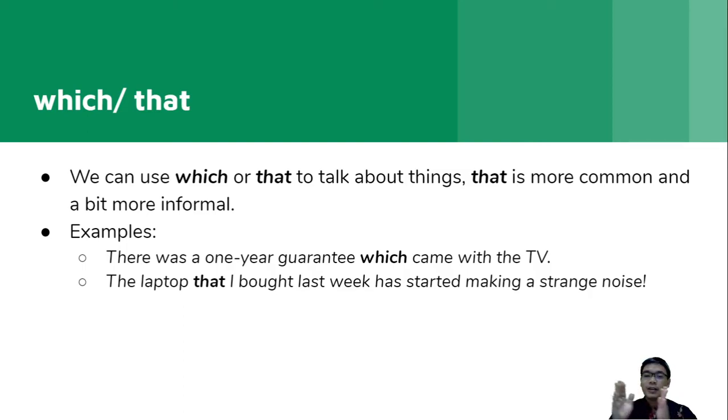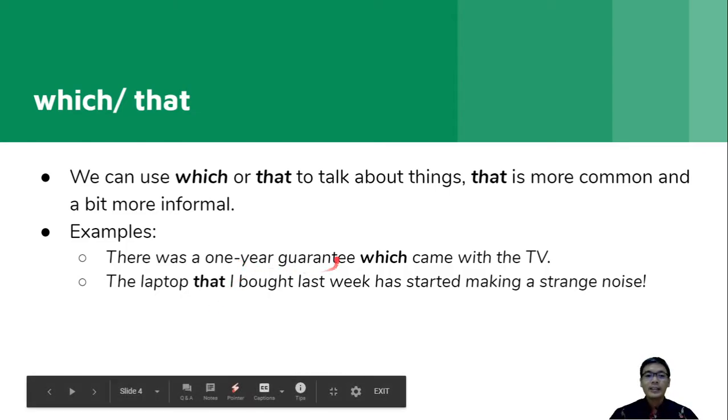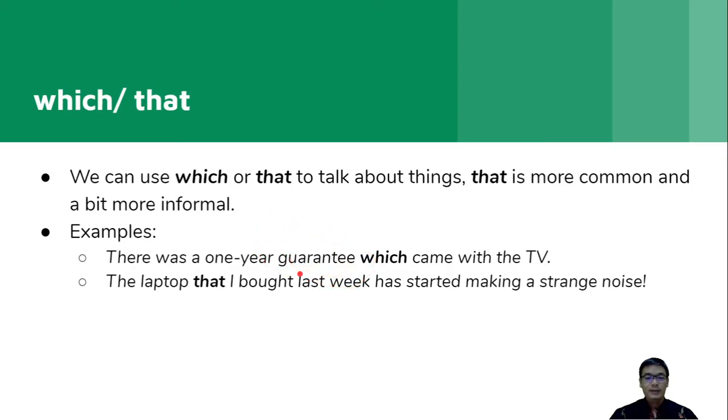Remember, a defining relative clause explains who or what. In this sentence, which came with the TV explains the guarantee. And it is a thing, not a person.